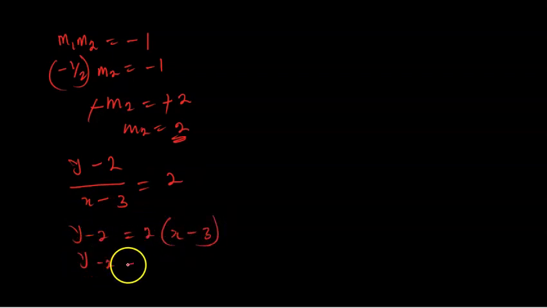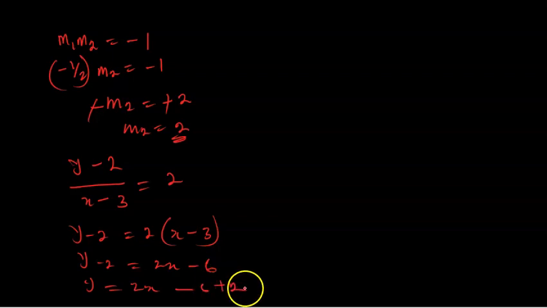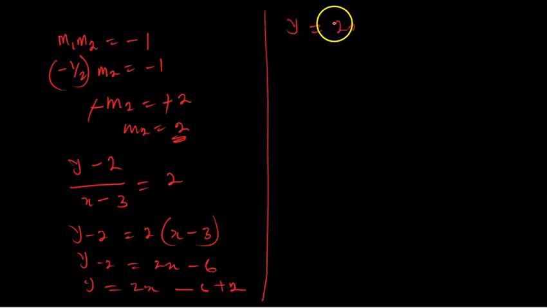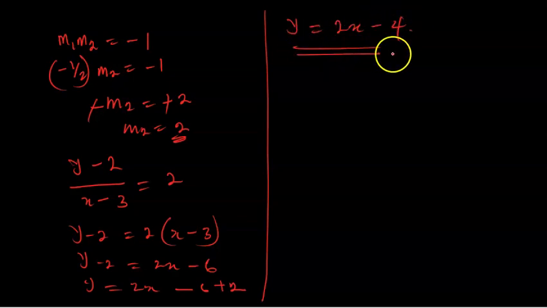Y minus 2 is equal to 2x minus 6. Y is equal to 2x minus 6 plus 2, which is 2x minus 4. With this, we've seen how to find the equation of a straight line.